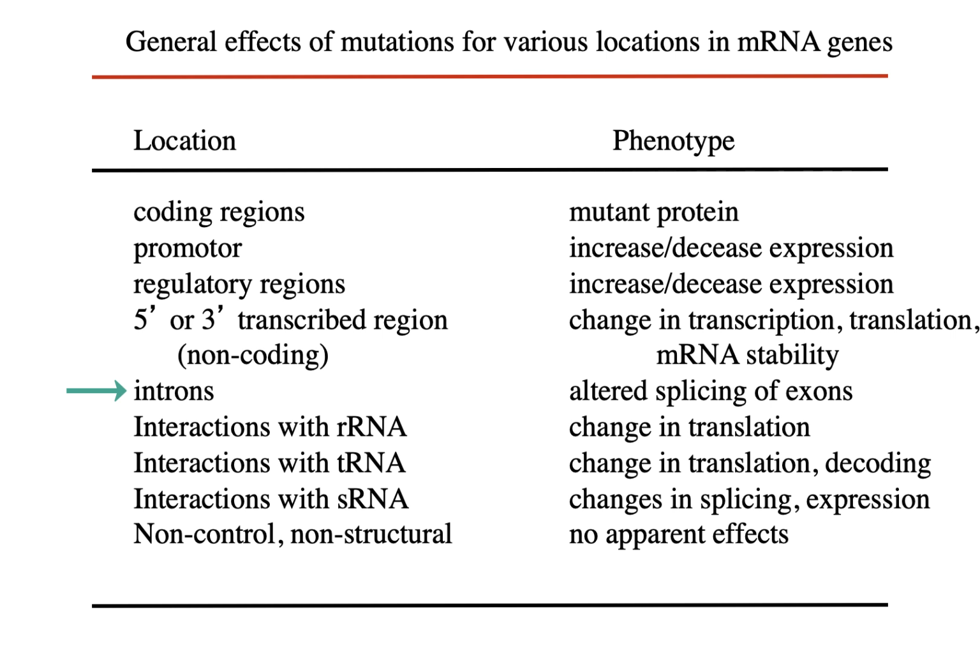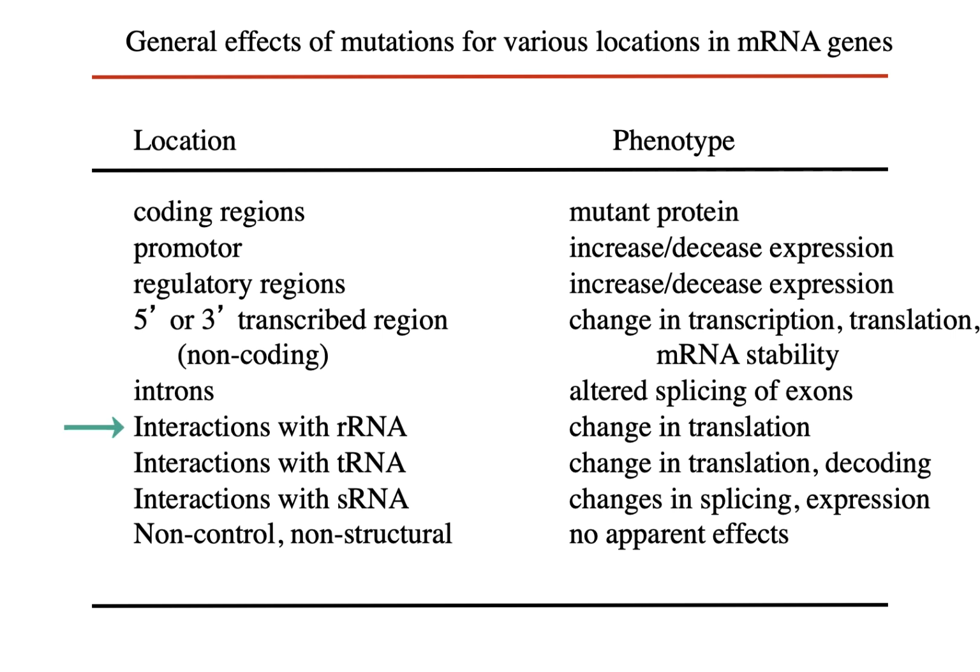There are some introns that have coding sequences within them, so they themselves become translated, and other proteins are produced off of those. So there are quite a few different types of things that can happen with mutations in the introns.